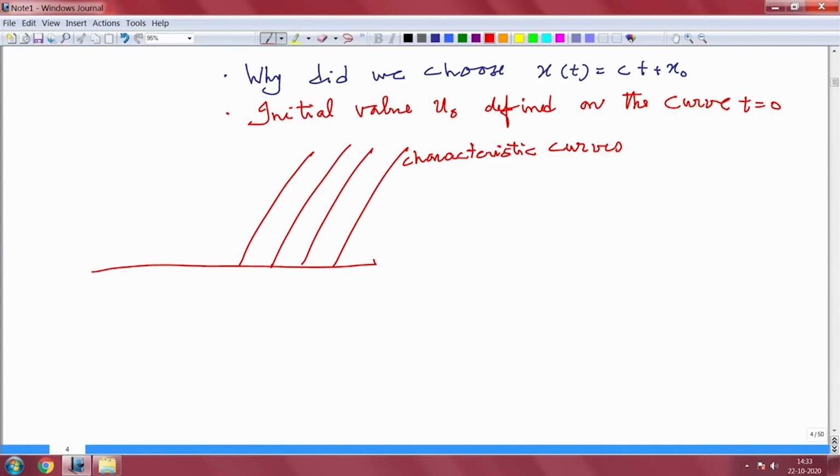Okay. And then in the previous problem I have defined initial values along this, but that is not necessary. If you look at it, I can define another initial curve. So, I can define an initial curve like that. Then again, this also can be an initial curve. This also can be an initial curve.